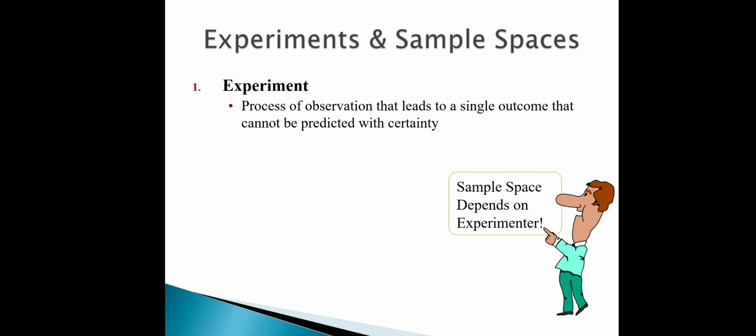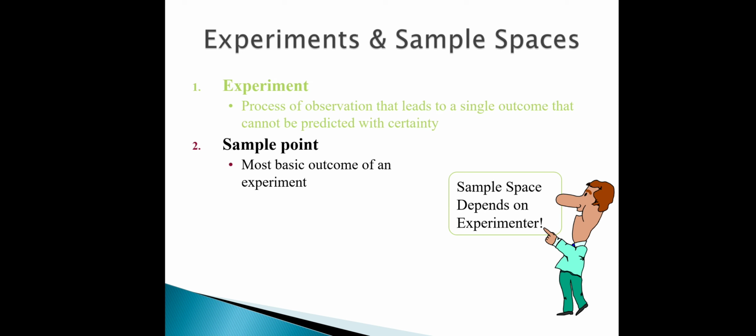An experiment and sample space. First, an experiment related to probability is a process of observation that leads to a single outcome that cannot be predicted with certainty, and it is related with the sample space and depends upon the experimenter. A simple point is the most basic outcome of an event.